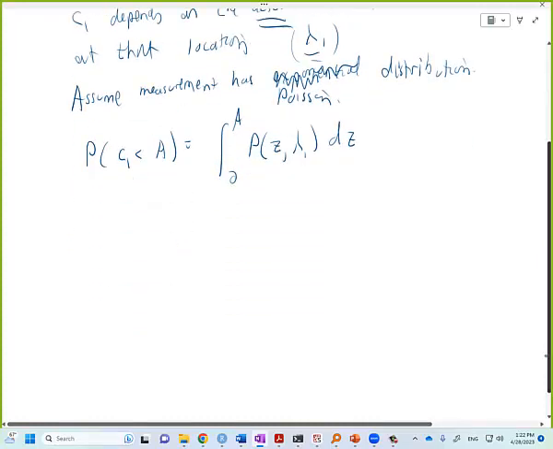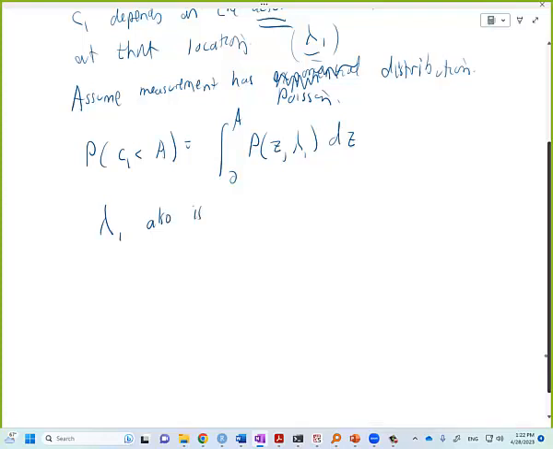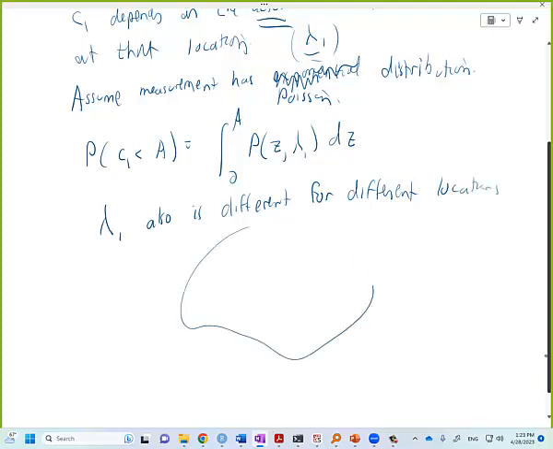Now, the point is that lambda is also different for different locations. Why? Well, because even though it's one region, even though this is Bombascaro, you don't have the same abundance here, here, here.